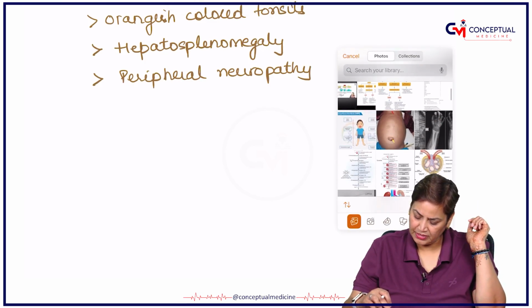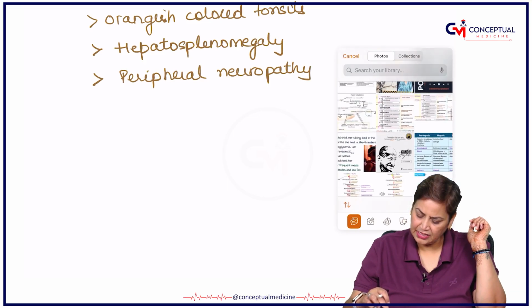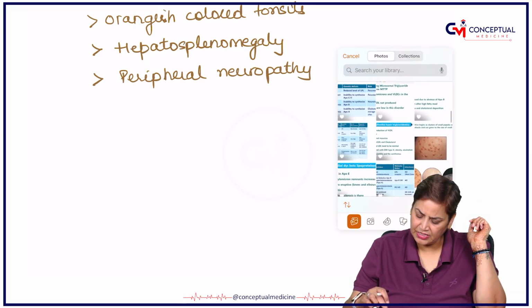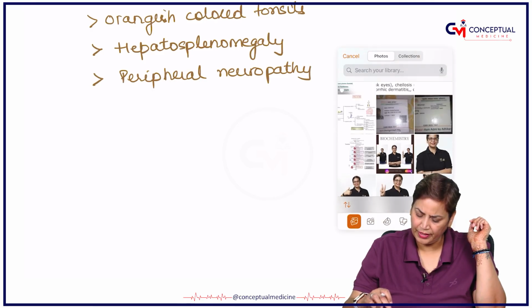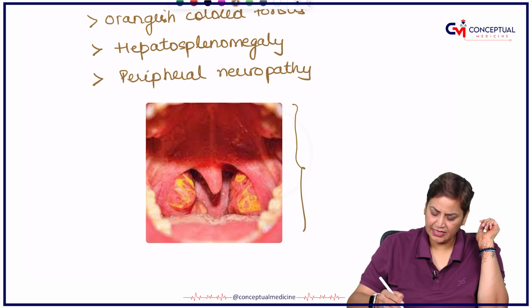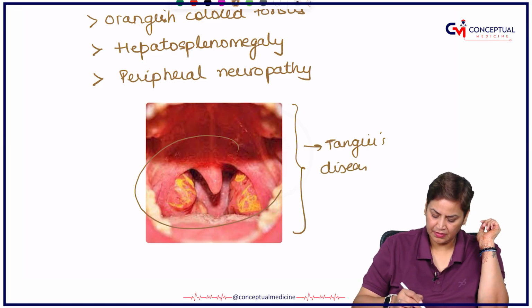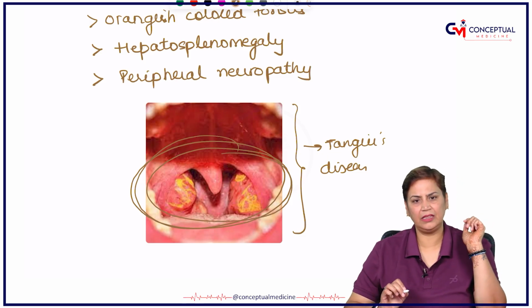I'll show you the picture of what happens in Tangier's disease. This is a very important question which has been asked in the exam many times, and it is a characteristic feature of Tangier's disease. As you can see, the inflammation in the tonsils.